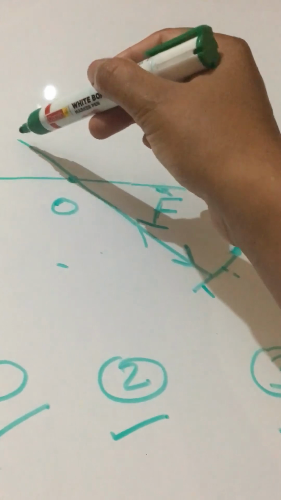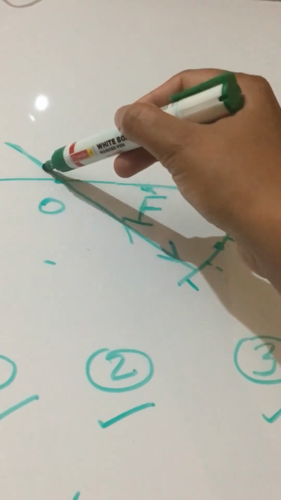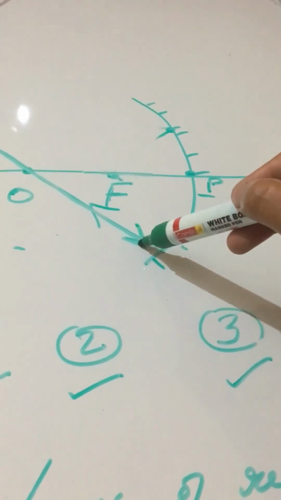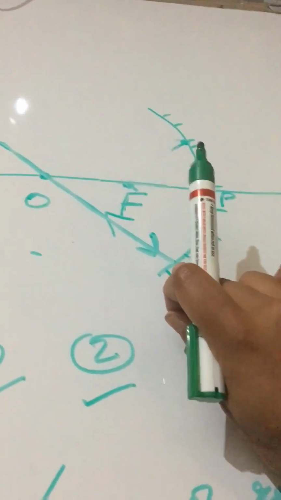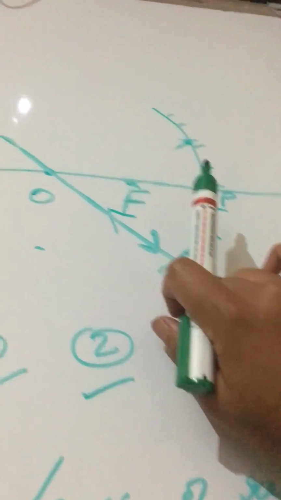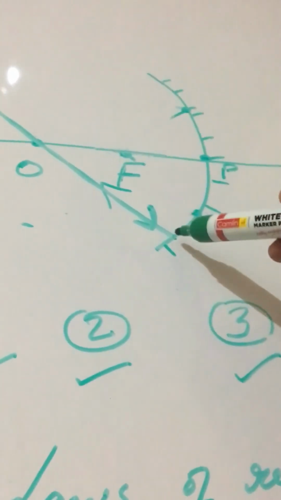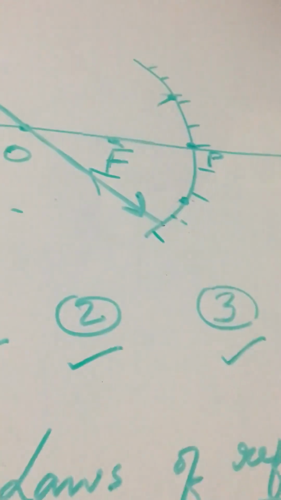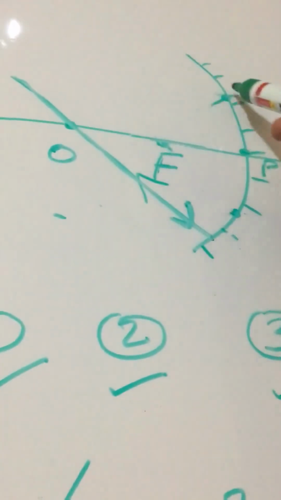Always it happens. Now in this case, when the incident light is striking the mirror and the angle of incidence is 0, then what should be the angle of reflection? It should be 0. So what is the only possibility? Bouncing back.